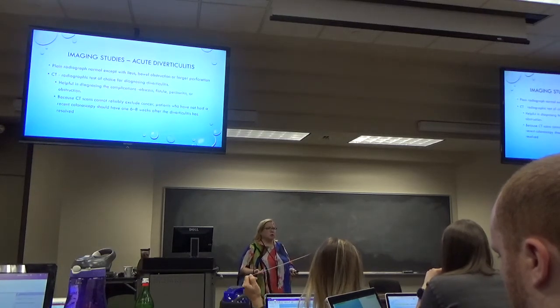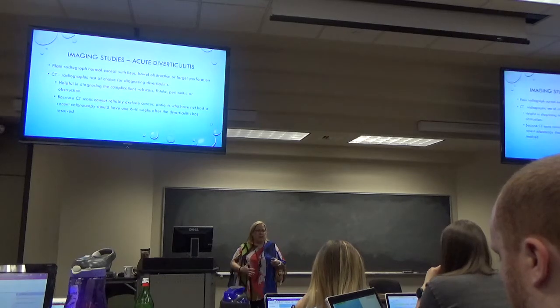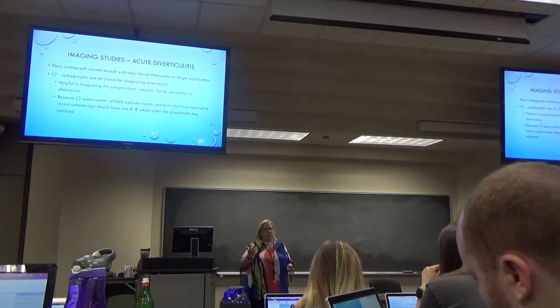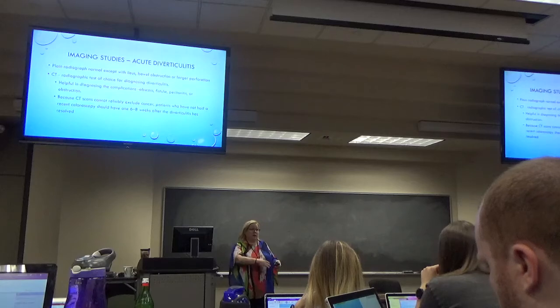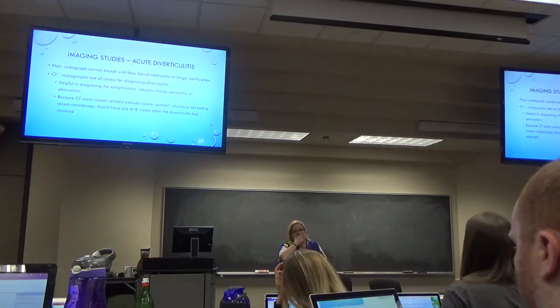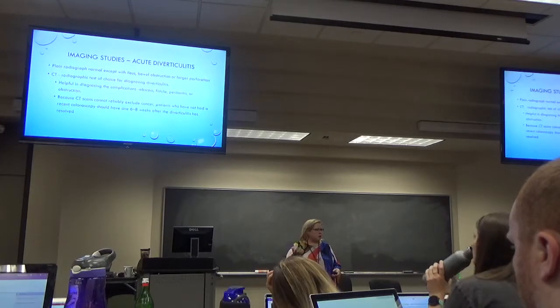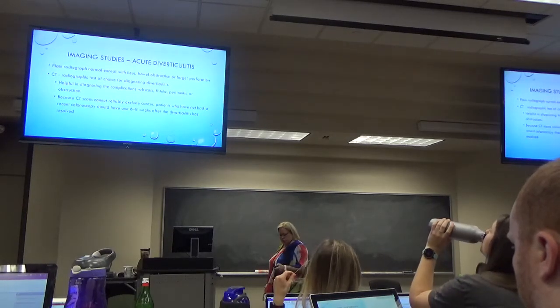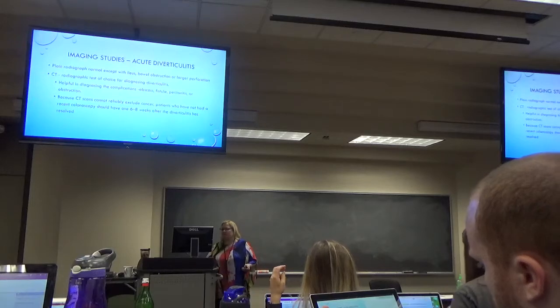I think that's important because, first of all, you're probably not going to do a colonoscopy when they have acute diverticulitis, but you need to make sure that there wasn't a cancer or something like that that was causing some of these symptoms.